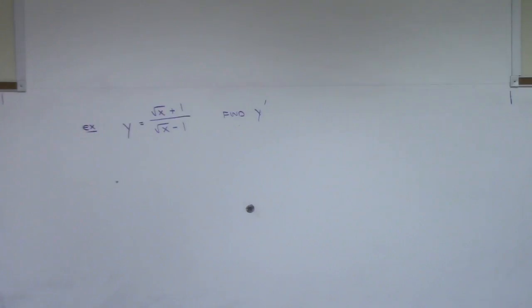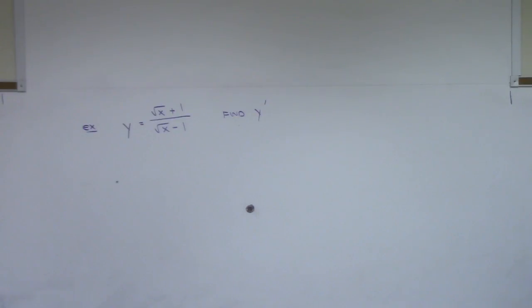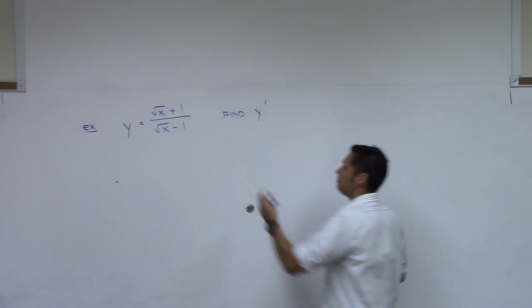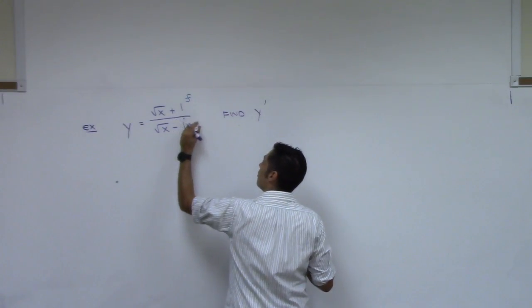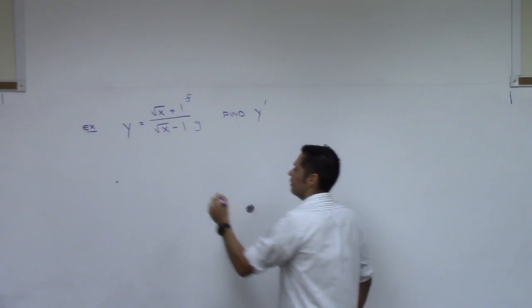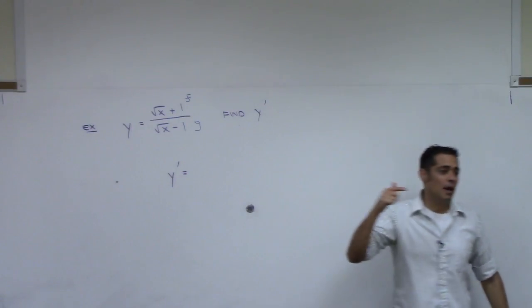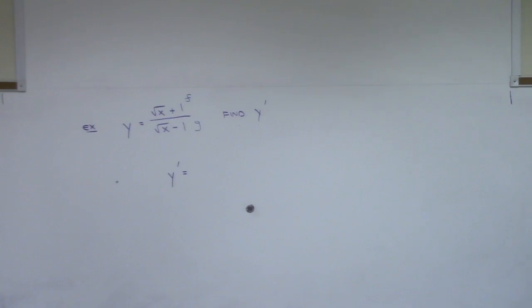So all we want to do here is look at it, analyze it, see what rule we have, right? We have quotient rule again. So the entire numerator is f, the entire denominator is g, and then we just apply the formula. So we're going to be doing f prime g minus g prime f all over g squared.